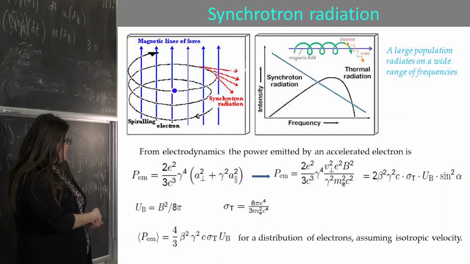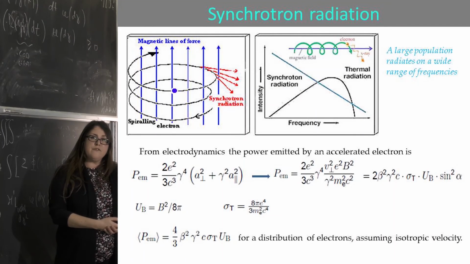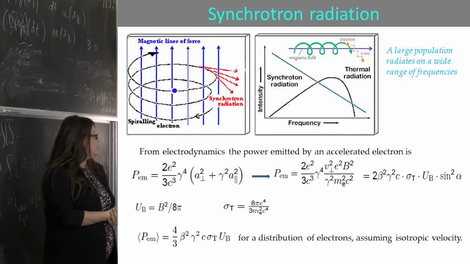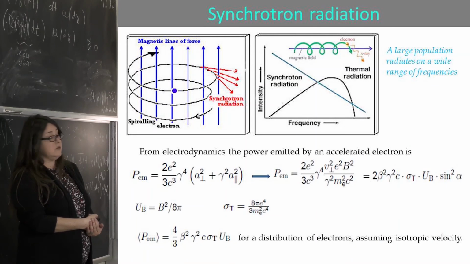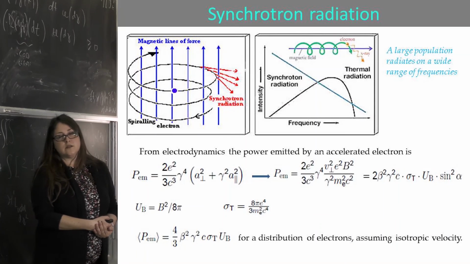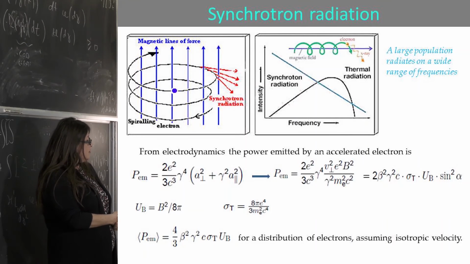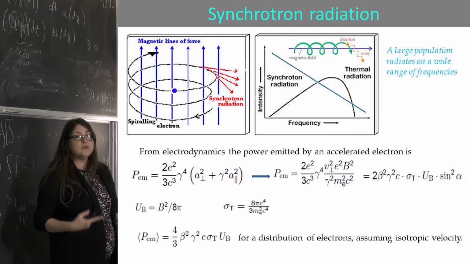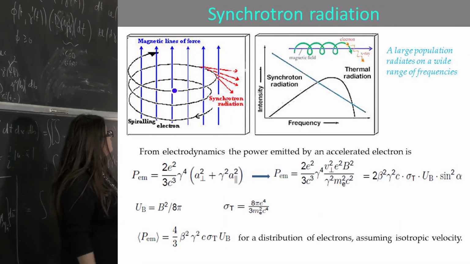And what you find is that the power emitted by synchrotron radiation from a population of electric charges is given by this expression, which depends on the average velocity of the particles. Here we assume that all the electrons have the same velocity, and it is proportional to the Thomson cross section of the electron and to the energy density of the magnetic field.